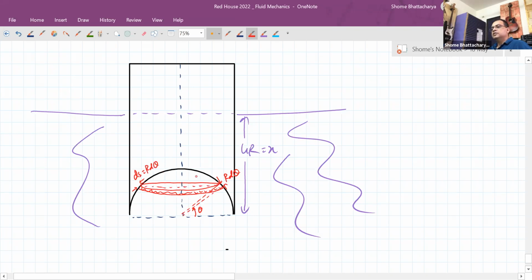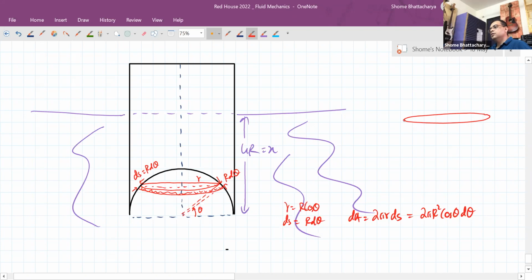It'll have its own radius of r cos theta. So the area of that ring will become this into thickness. As you are accustomed to from center of mass also, this is the area of the ring. Now, when we consider the net force on that ring, listen to me very carefully.